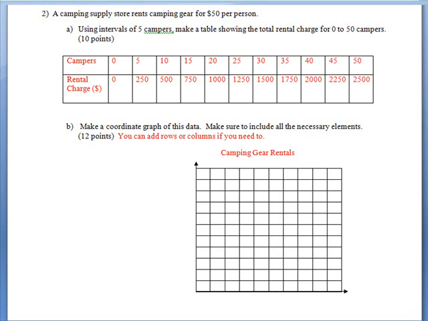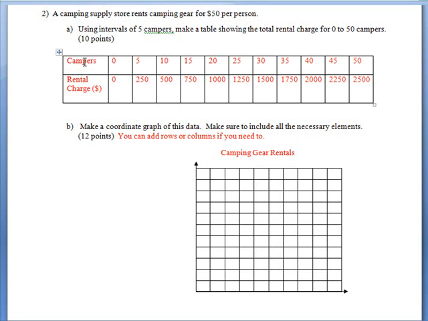Now the next easy thing would be to add in our 2 variables. And we have 2 different types of variables. We have an independent variable and a dependent variable. The independent variable always goes on the x-axis, and the dependent variable goes on the y. We already figured out which is which when we placed them in the table.